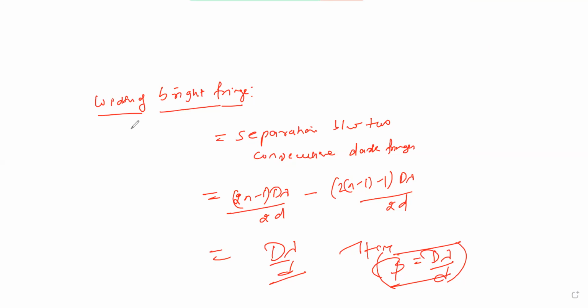Let's go further. Make some notes: beta is independent of n, the order of the fringe. It means the width of the second fringe, third fringe, bright fringe, or dark fringe will be of equal length.